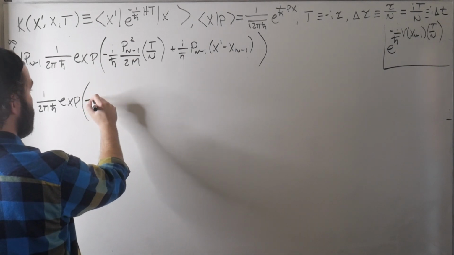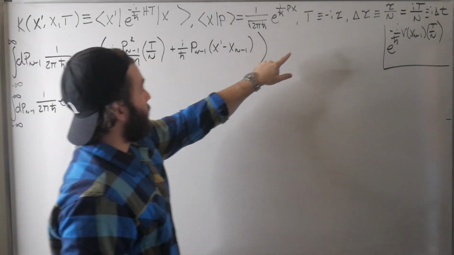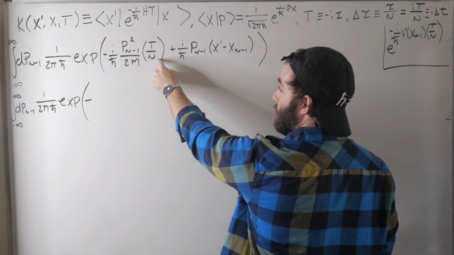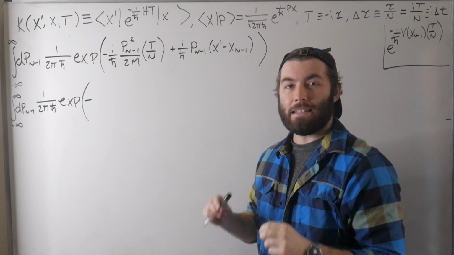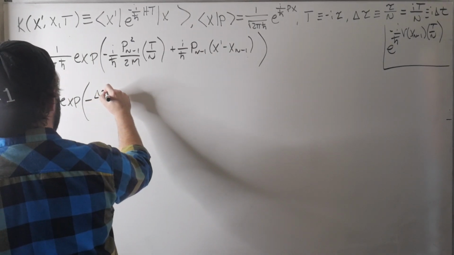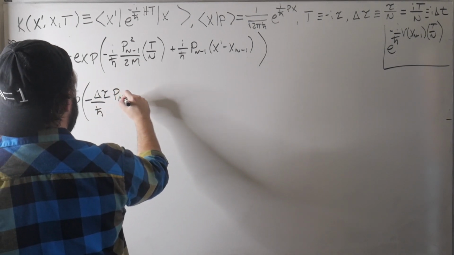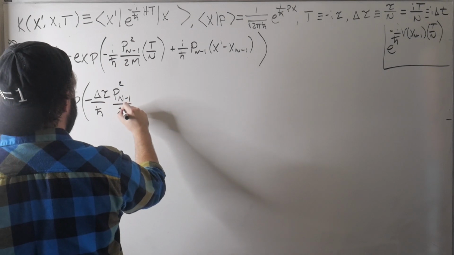So we have a minus, and then a tau over n, which I'm going to call delta tau. So this is going to be delta tau over h bar, p sub n minus 1 squared over 2m.